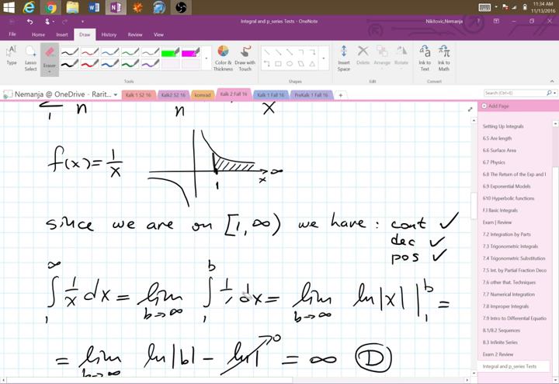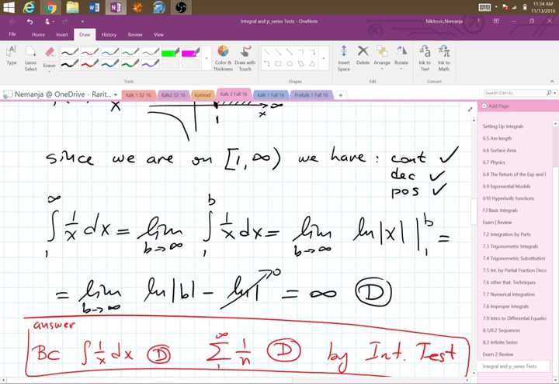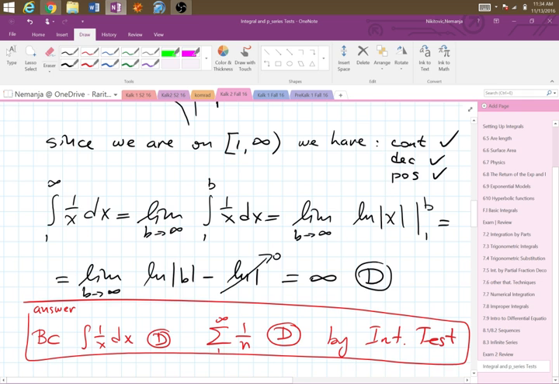The integral of 1 over x is ln x, so ln absolute x, and then we plug in the limits, which we get the divergence. Now the actual answer is what is written in red, which states, because the integral of 1 over x dx diverged, the series 1 over n diverges as well by the integral test.